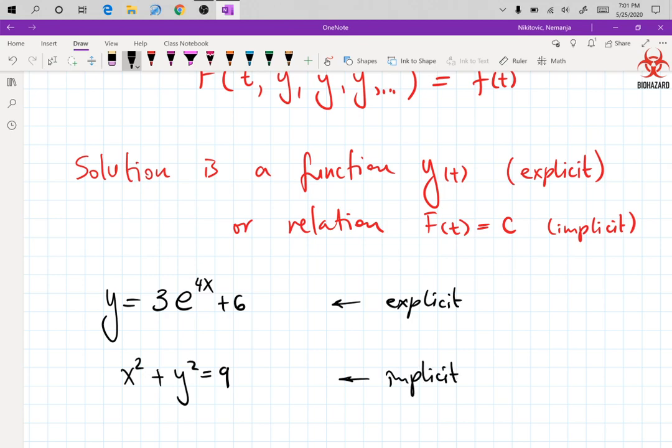It could be a solution to a differential equation. It's not a function, but it could be a solution. So your solution is a function, or your solution is a relation, something like a circle, or it doesn't have to be a circle. It could be literally anything else, but you cannot separate y from your x's and t's.